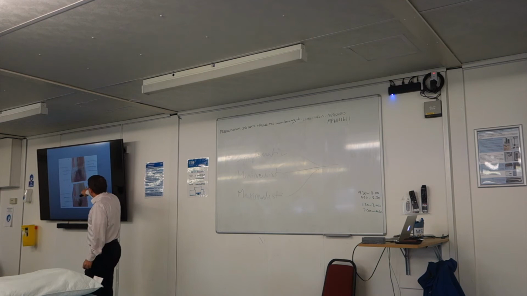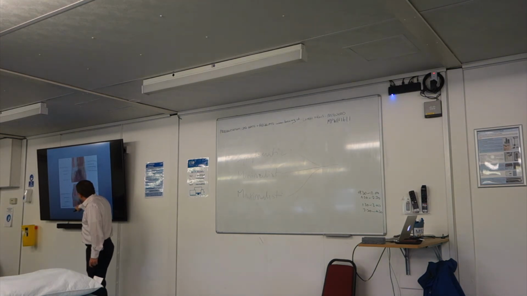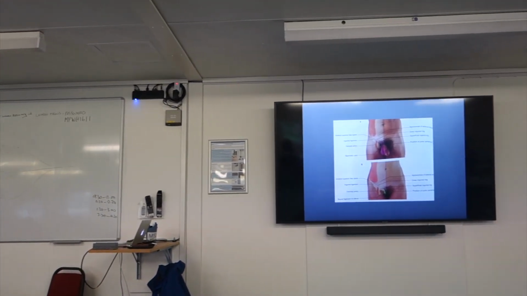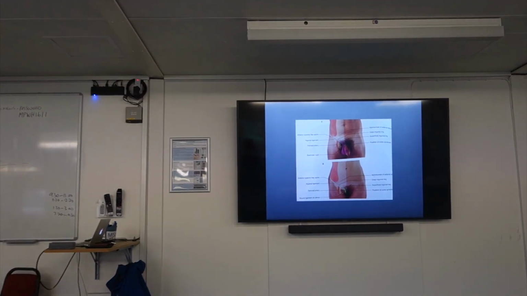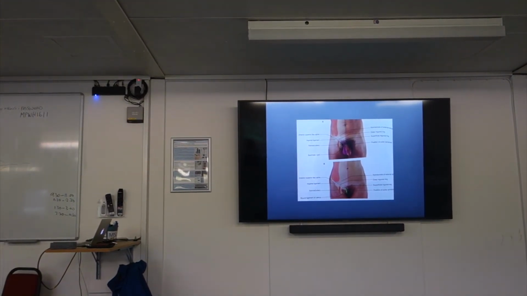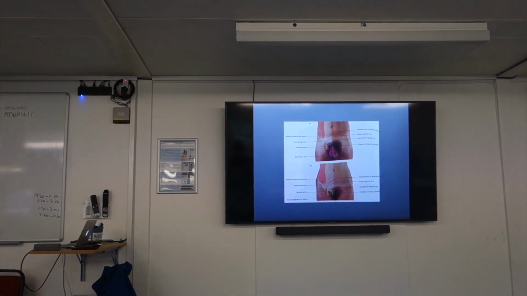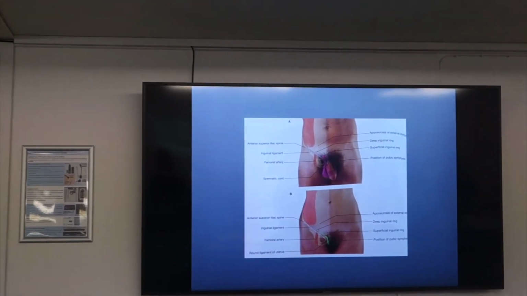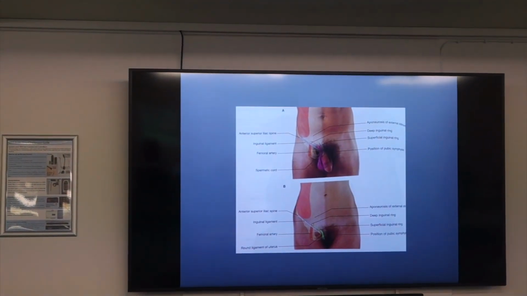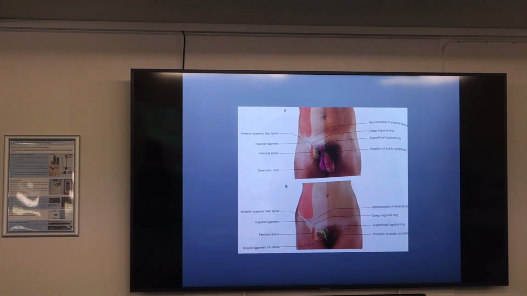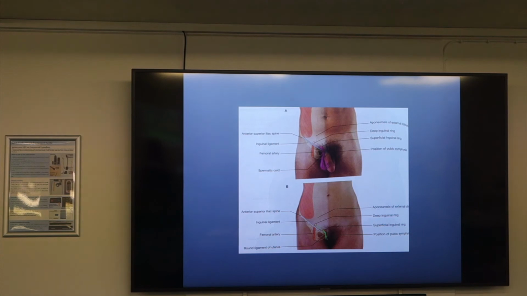So again, just looking at the anatomy here, I just want us to get an idea where the pubis is in each case, and we have this inguinal ligament here. It's at a slightly different angle in the female pelvis versus the male pelvis. But in the female pelvis, what I want us to really understand is that one of the key ligaments of the uterus, the round ligament, comes anteriorly and forwards into the inguinal canal and then drops down onto the anterior surface of the pubis and into the labia majora.